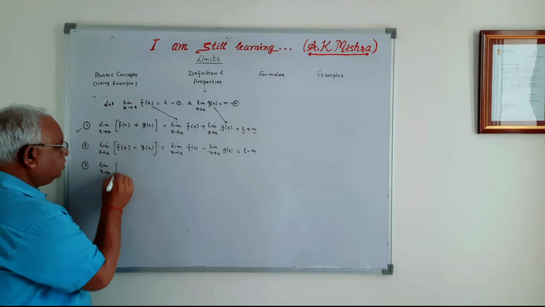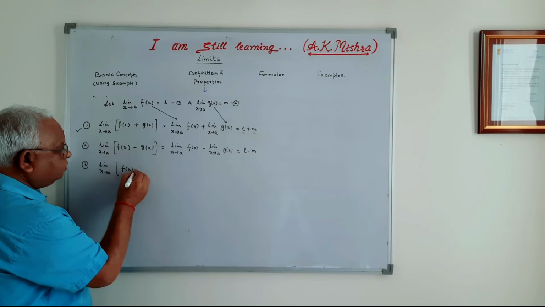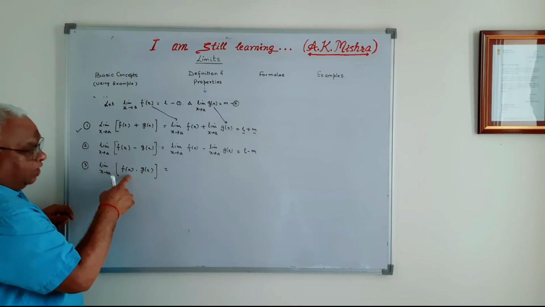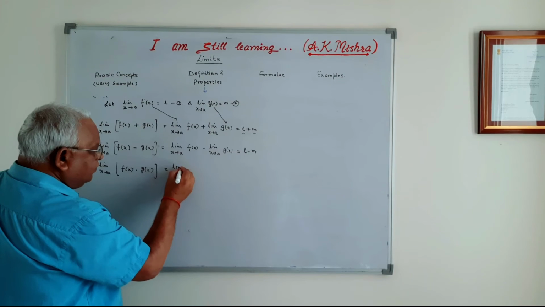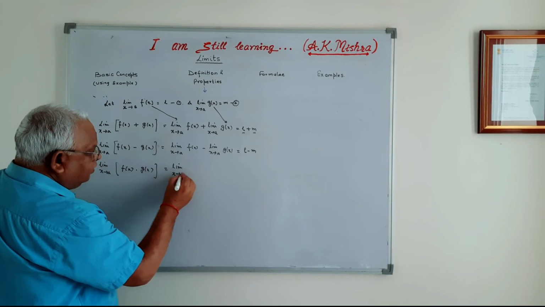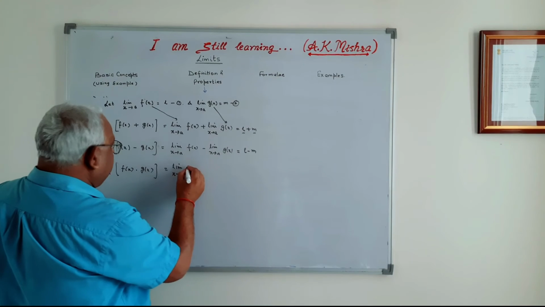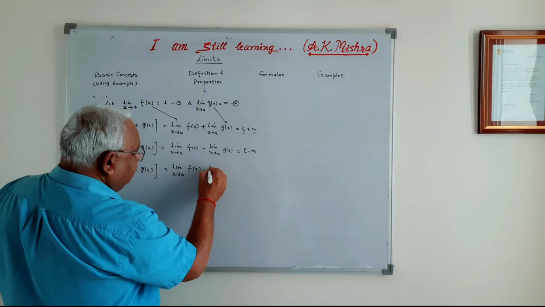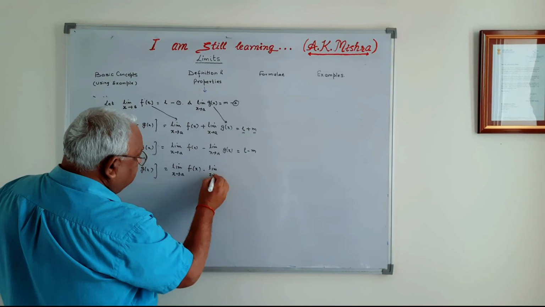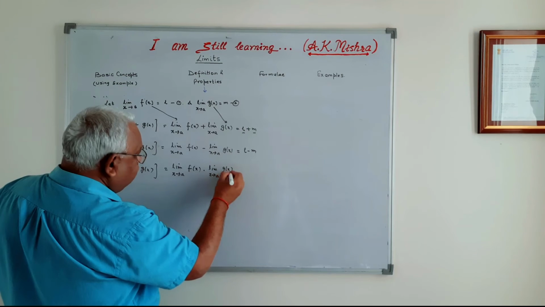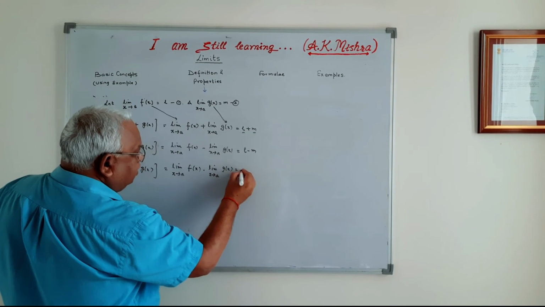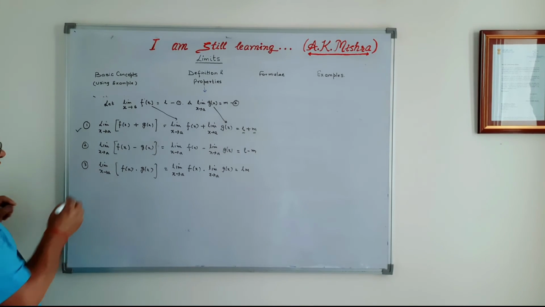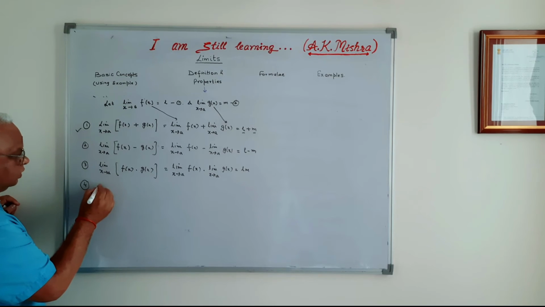Then third is f(x) into g(x). If you take the limit on the product, you can write it as the product of the limits. You will be using all these properties while solving the questions on limits. So be careful. If you are not able to use these properties, you will get stuck while doing the problems.